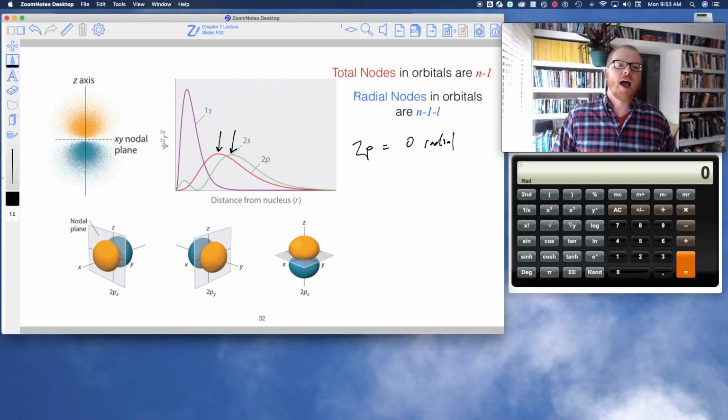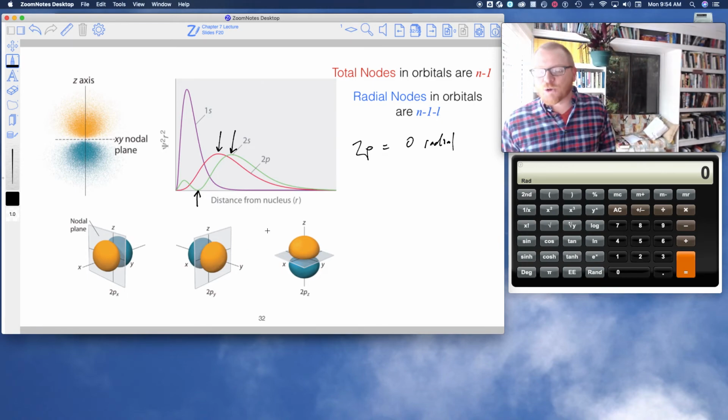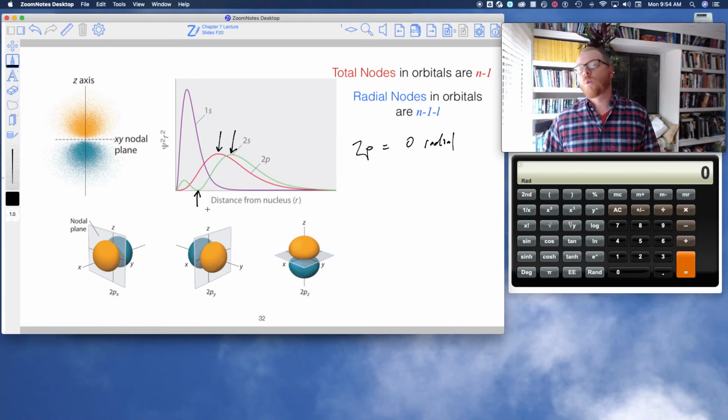But we also notice that the nodes, so now the green curve is 2s, let us distinguish on these types of graphs what orbitals they are. For example, 2p should be very close to 2s because they're both level 2. However, 2p will not have any radial nodes. However, 3s will. We're going to see more of this when we put together the remaining orbitals.